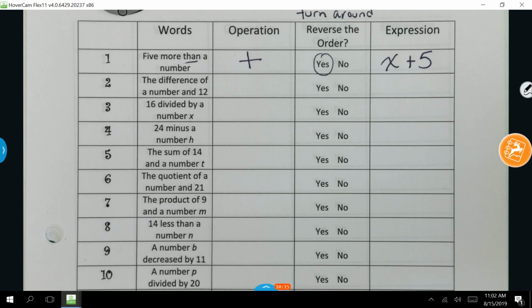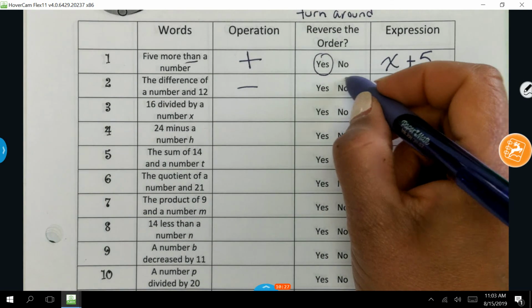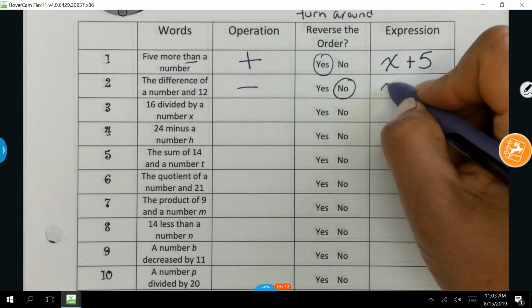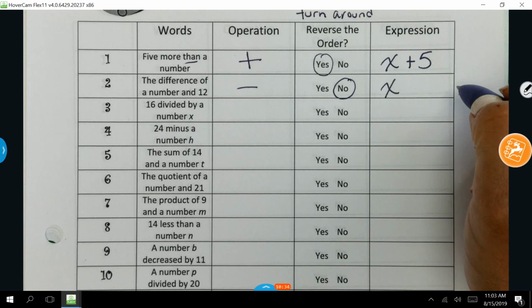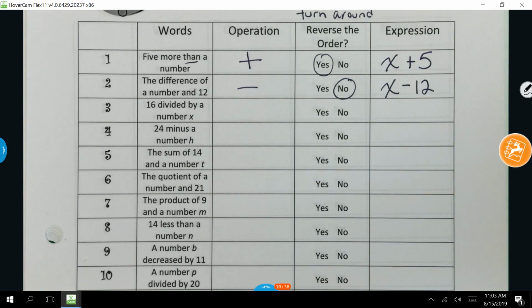Those are your turnarounds. So the difference of a number and 12, what operation is that? Subtraction. Do we reverse the order? Do you see a than or a from? No. How do you find the difference of a number and 12? Pick your variable, and then what do I write? Minus 12. Okay?